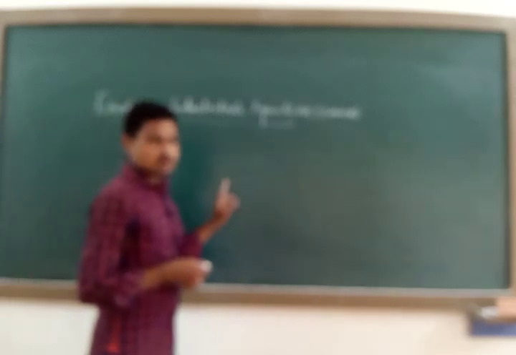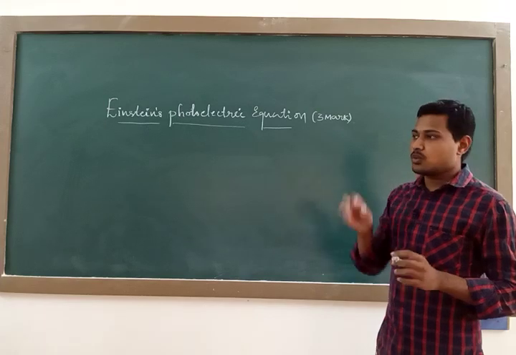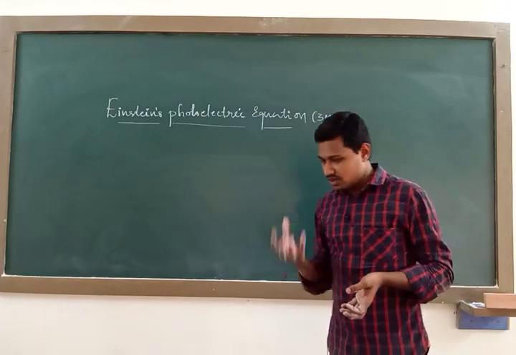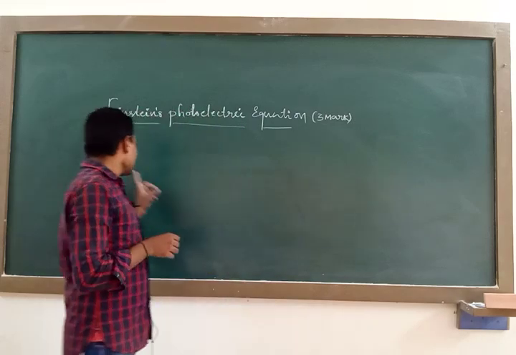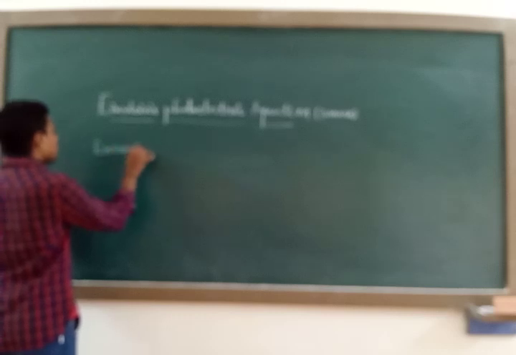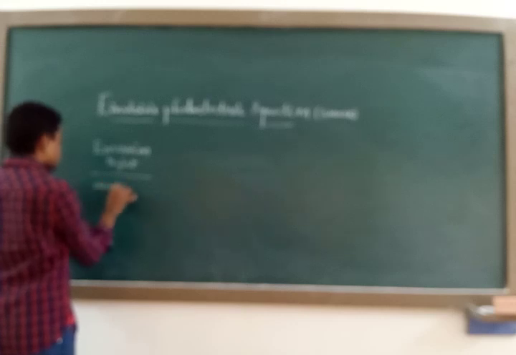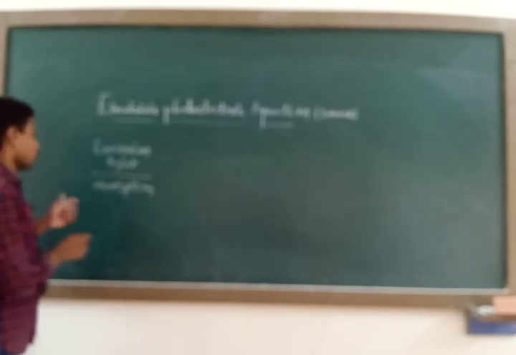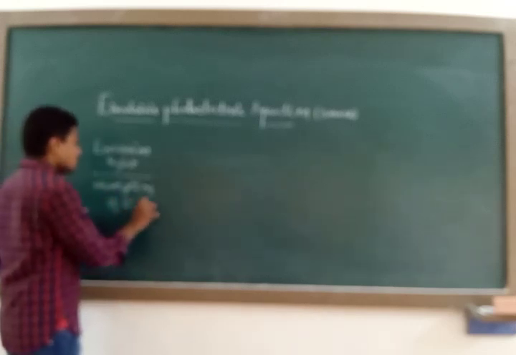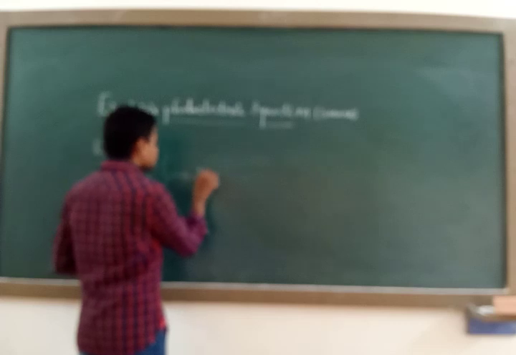According to Albert Einstein, the photoelectric effect is mainly because whenever light radiation is emitted or absorbed, the emission or absorption of light will be taking place in the form of discrete units.